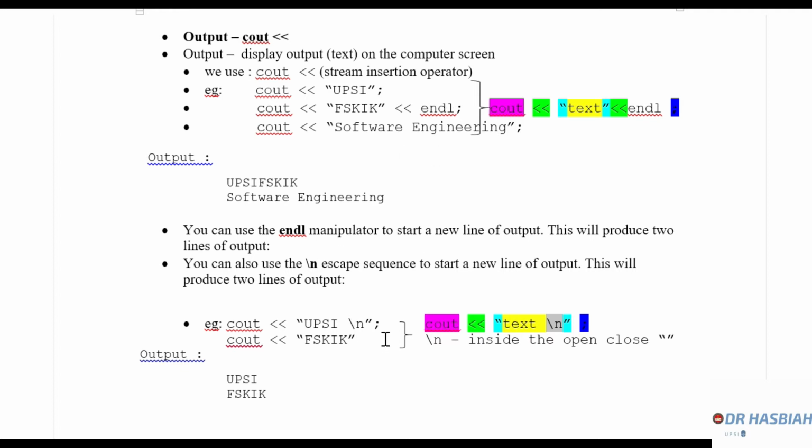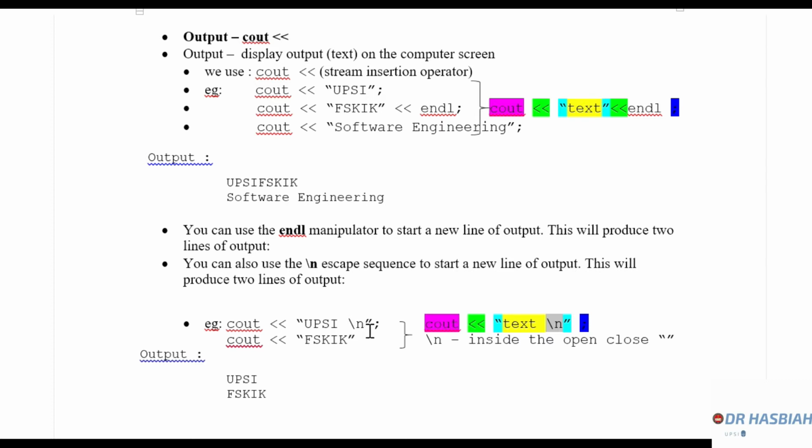Now when you compile, and then you have the second one, escape, the cursor will move to the next line and then the escape will appear on the screen. So this is the slash n. You will get the same output if you use the slash n or endl here. But you have to be careful where to put the slash n.